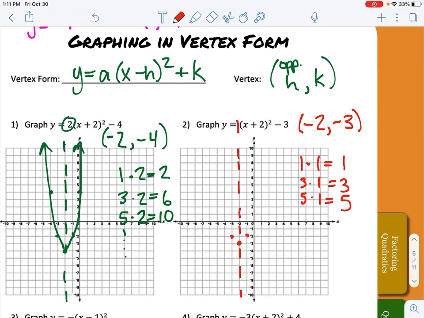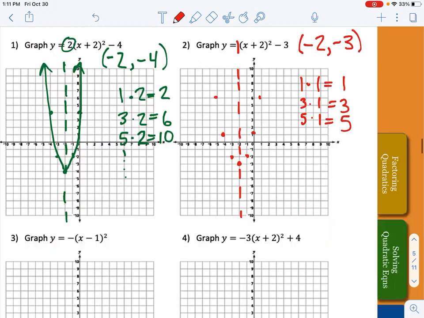From the new points, I go over 1 and up 3. And from those even newer points, I go over 1 and up 5. And then I can draw in my parabola.